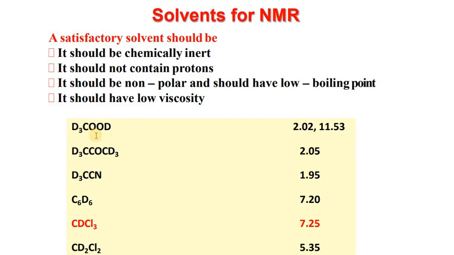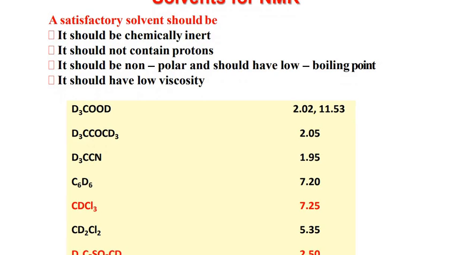So first is acetic acid, in which hydrogens are replaced with deuterium. The second is acetone, in which hydrogens are replaced by deuterium, and this is ethane nitrile, hydrogens replaced with deuterium. And this is benzene, hydrogens replaced by deuterium, and so on. It is chloroform, in which hydrogen is replaced by deuterium.